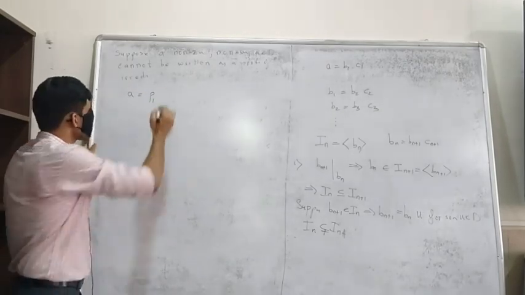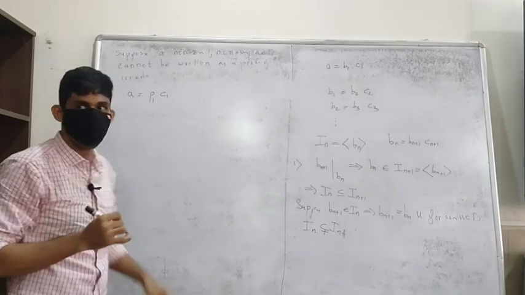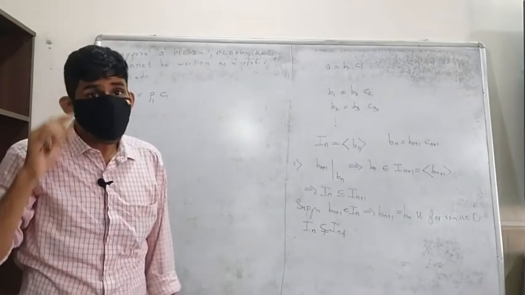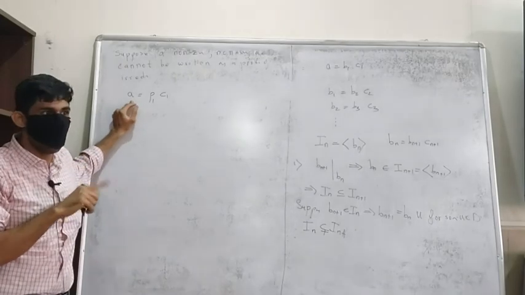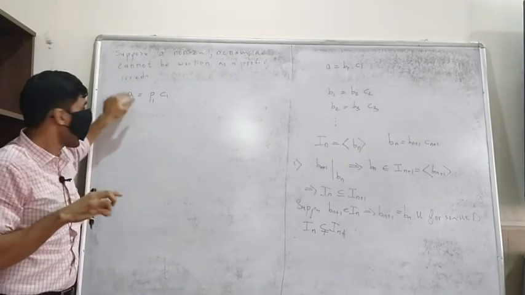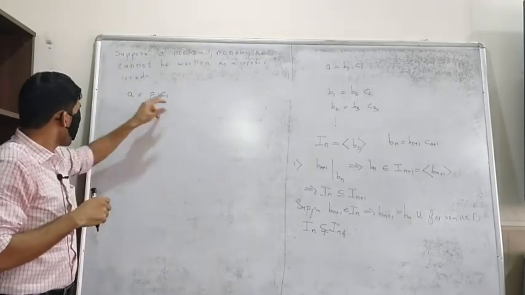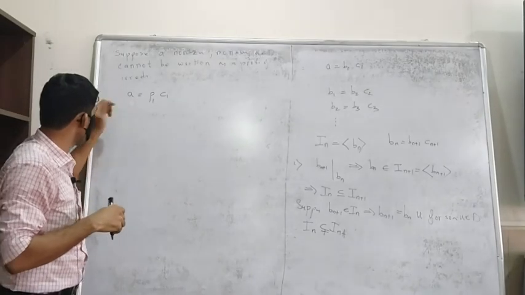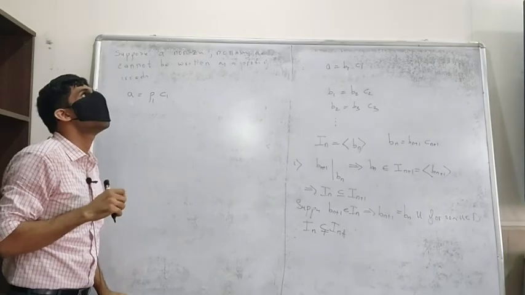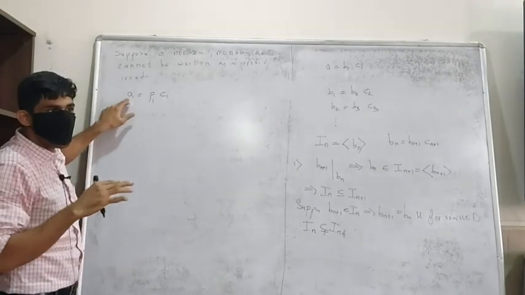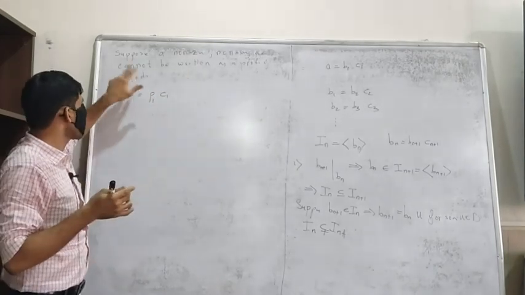So since this has an irreducible divisor, you can write A as some P, an irreducible, times C1. Firstly, A is not an irreducible, because it cannot be written as a product of irreducibles.